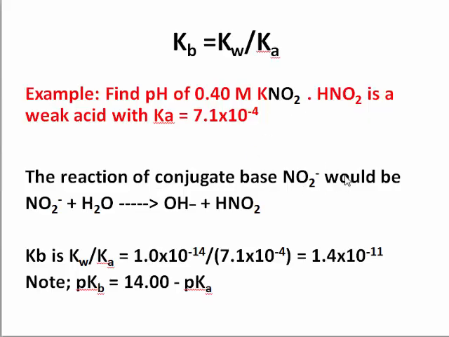Alright, the reaction of the conjugate base in this case would produce hydroxide and nitrous acid. Kb is Kw over Ka, so Kb for this base is 1 times 10 to the negative 14 over 7.1 times 10 to the negative 4, or 1.4 times 10 to the negative 11.